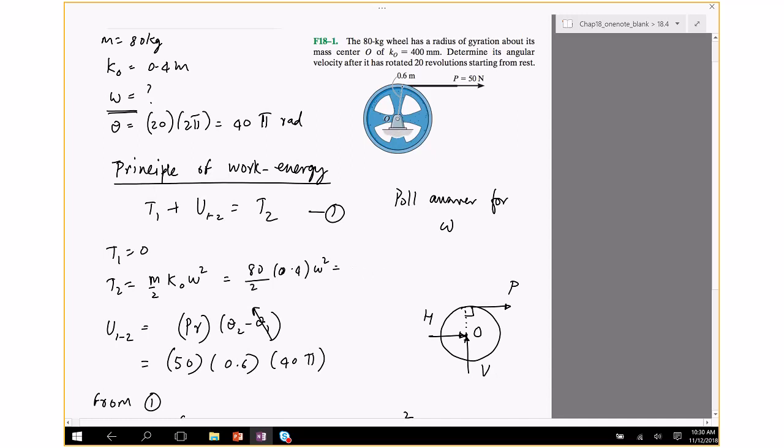So that'll be 16. Isn't it 16? Oh, I forgot R squared. Good catch. So 6.4.